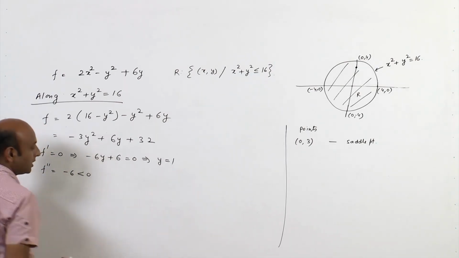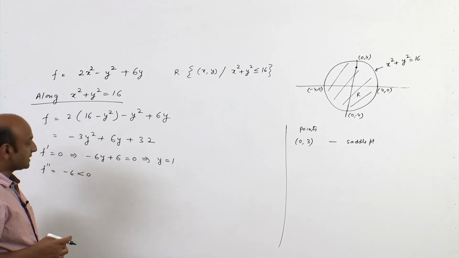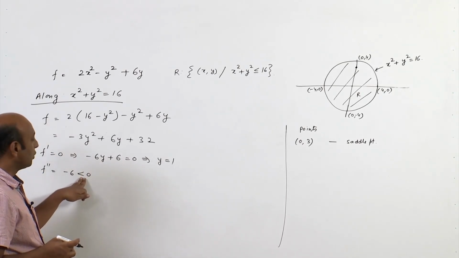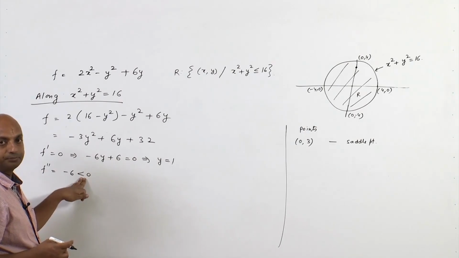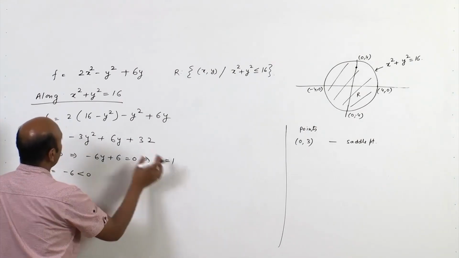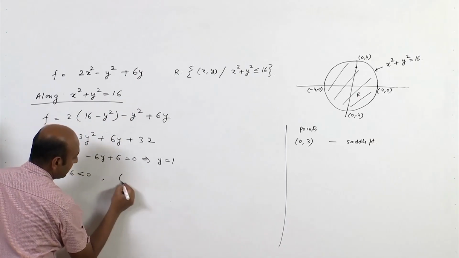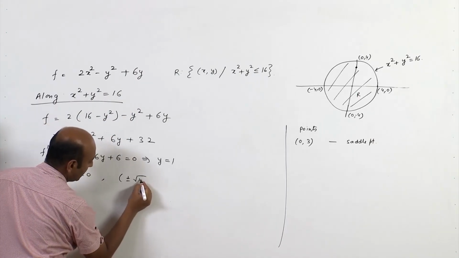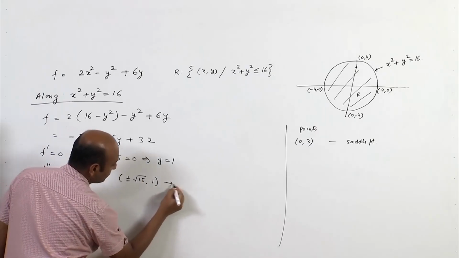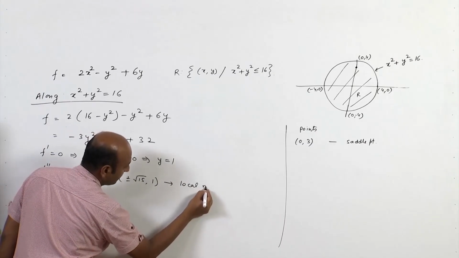So, this point is a point of local maxima. Now, when y is 1, then x will be plus minus root 15.